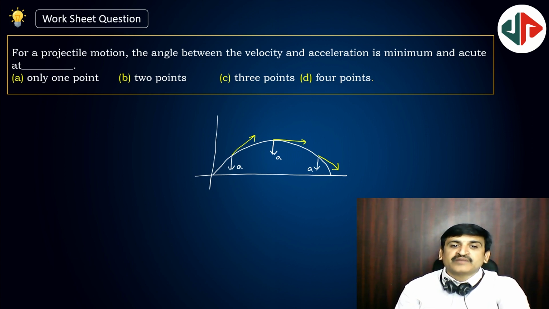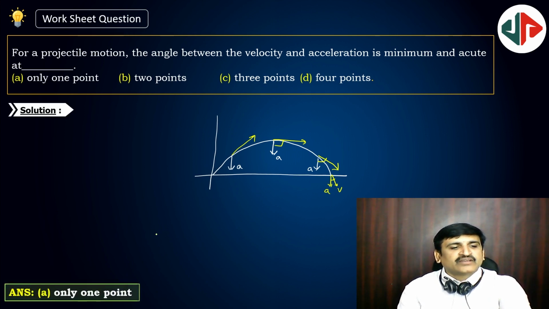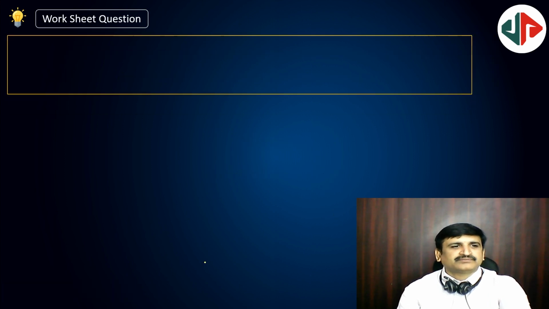See, this is 90 degrees at the top, it is reduced afterwards, and here at this point is the minimum one, isn't it? This is A and this is velocity, so this is at the last point, before touching the ground. Only one point can be the good option, that is the last point, where acceleration and velocity are acute and minimum.